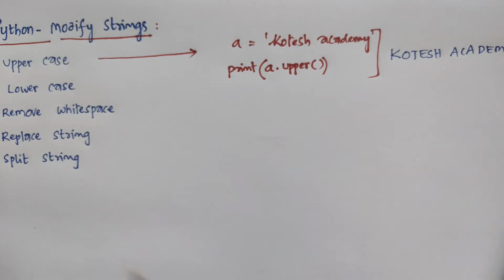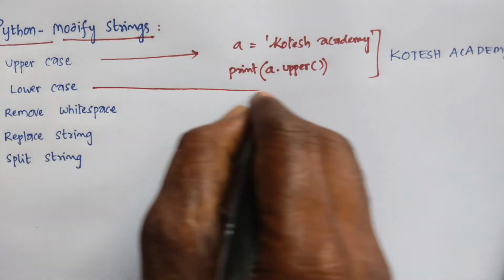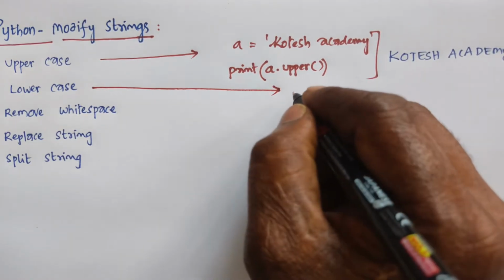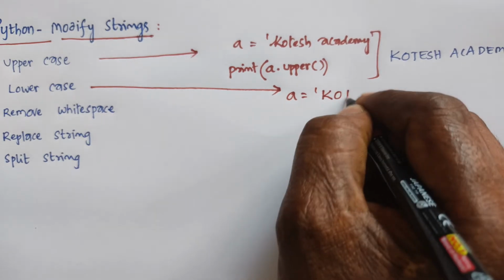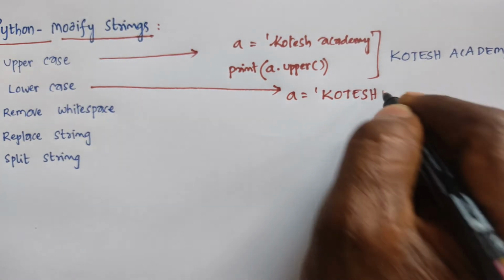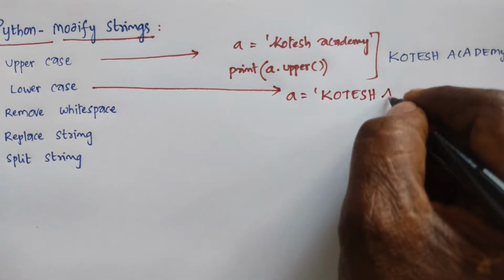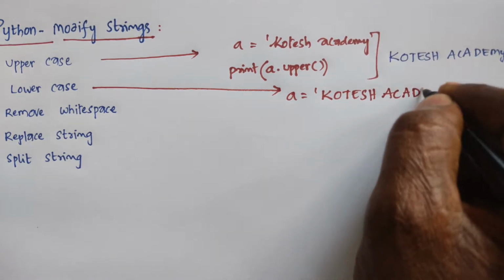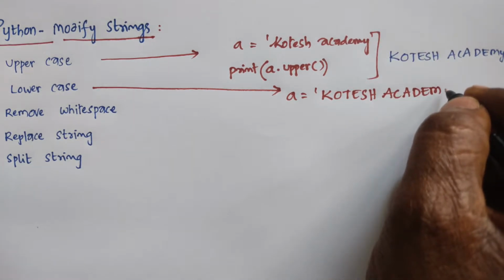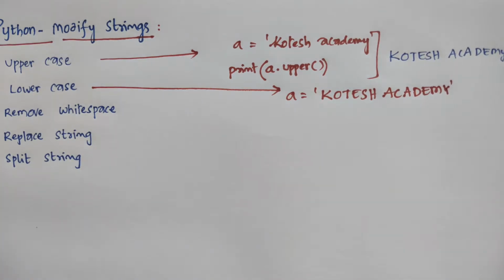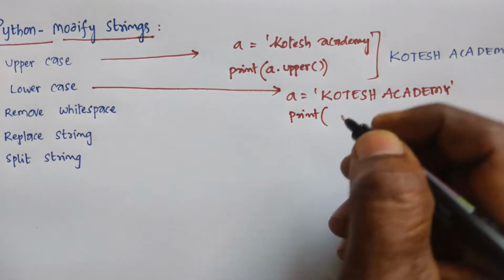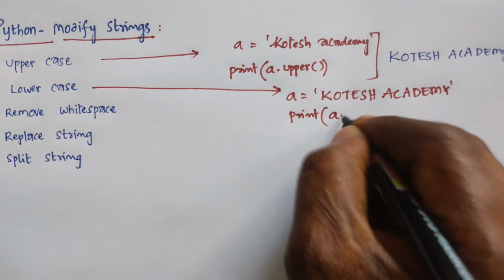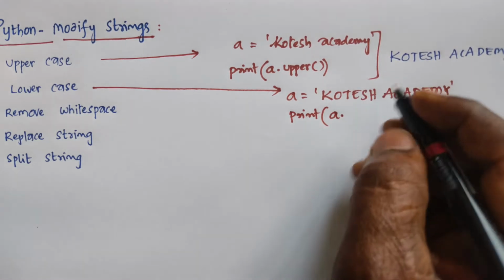Similarly, lower case. For example, a is equal to all capital letters, KOTESH ACADEMY. Then you write the expression print of the variable a, and you have to convert from upper to lower.